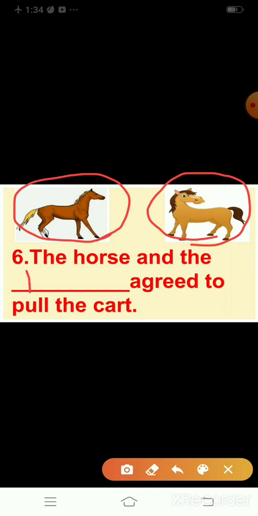Yes, the feminine gender will be mare. Okay, so repeat now. The horse and the mare agreed to pull the cart. M-A-R-E, mare.